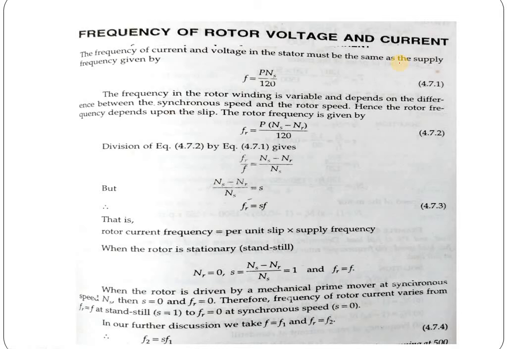Hence, the rotor frequency depends upon the speed. So, the rotor frequency is given by fr equals P (Ns minus Nr) by 120. This is basically the rotor frequency, and it is dependent on slip speed.